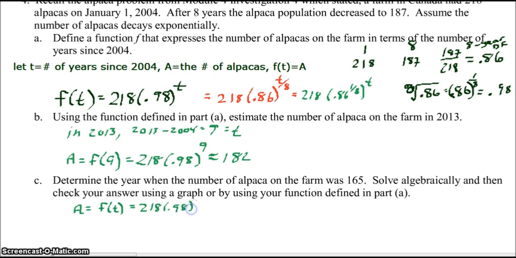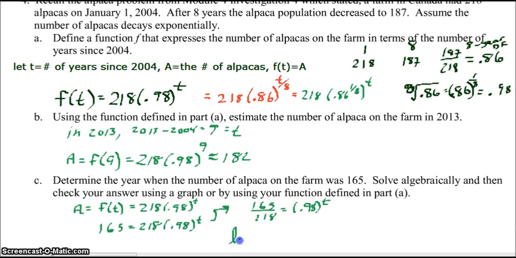And now we're looking for the year, the t. So we know the output is 165, and we'd like to find the value of t that gives us that output. So we can divide both sides by 218. So we have exponential form.